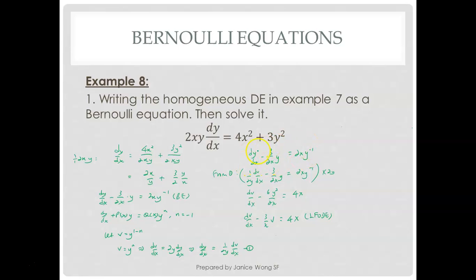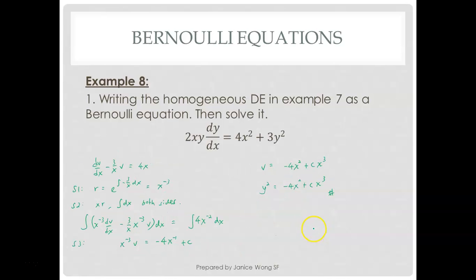Start from the Bernoulli equation, substitute the differential of the substitution, dy over dx equals 1 over 2y times dv over dx. Change it to v and x terms. Bernoulli equations will always be converted to a simpler differential equation, which is LFODE. Then we solve it by using the LFODE method.